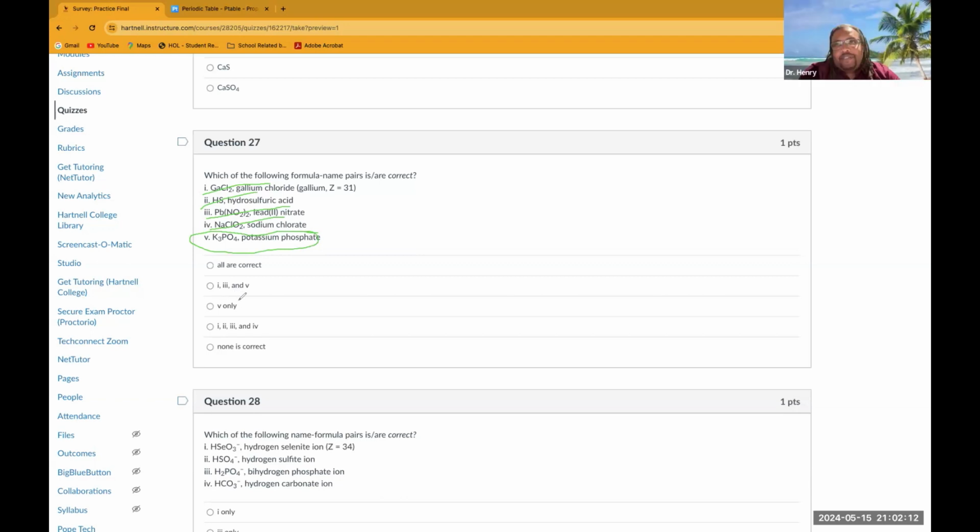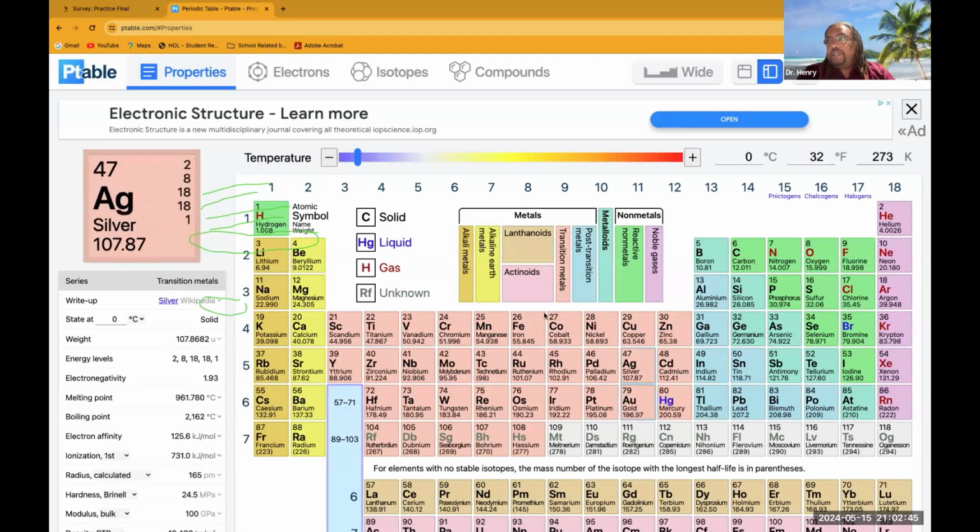But why is gallium chloride incorrect? Because there's supposed to be a Roman numeral. I thought it was only transition metals that get Roman numerals though. Transition metals, post-transition metals, lanthanoids, and actinoids, and sometimes metalloids. So anything that's in that middle, right?